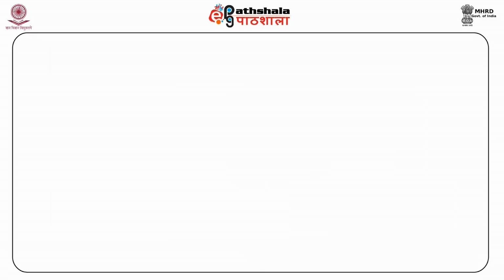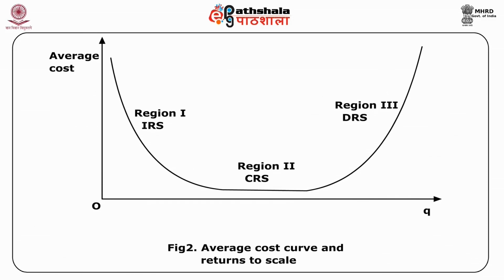Recall from the text that mu is equal to AC upon MC equals 1 when AC and MC are the same. So, as the diagram below shows, all the values of output for which AC equals MC is the region of constant returns to scale.